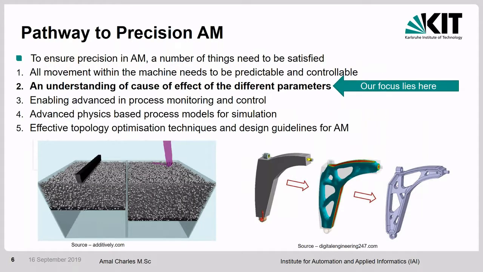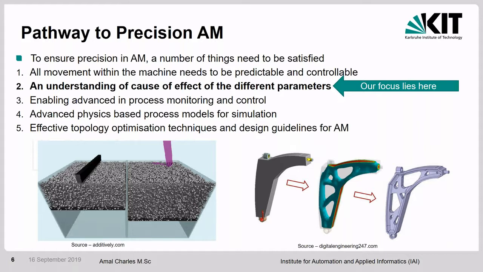The method with which we are working is to tackle different parts of the problem together. Firstly, we're trying to make all the parts of the machine more predictable and controllable. We want to understand all the causes and effects of different process parameters that work in LPBF processes.